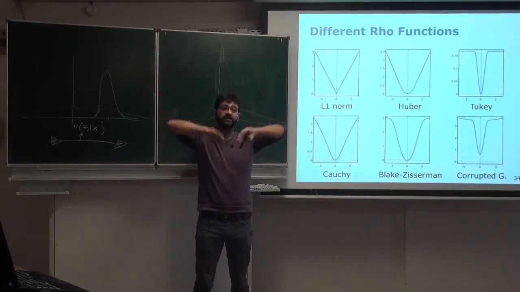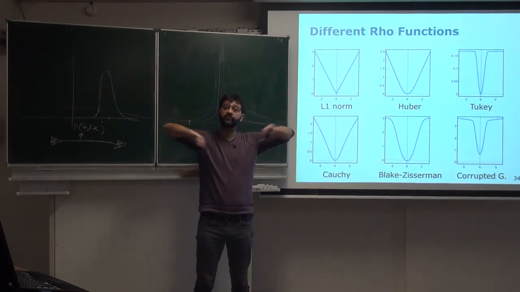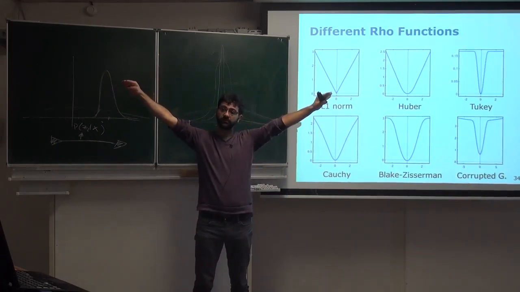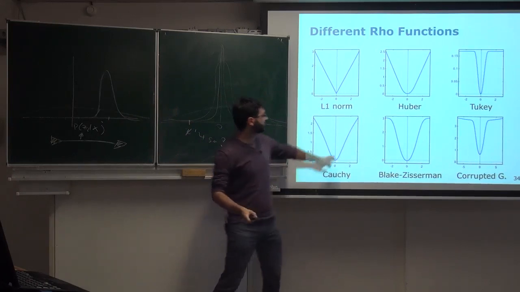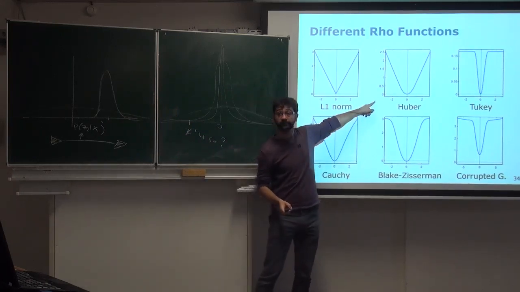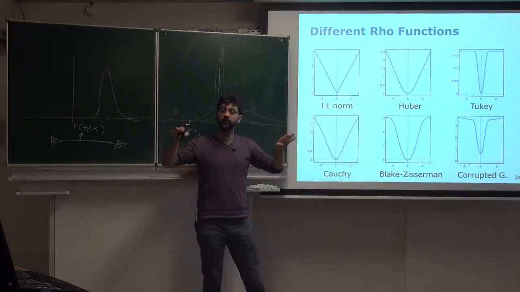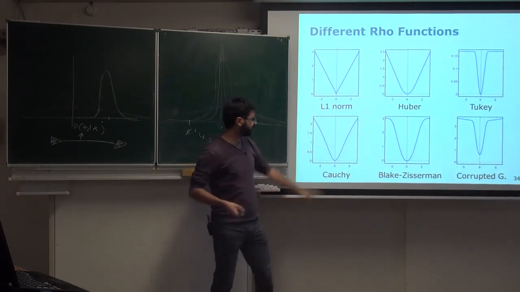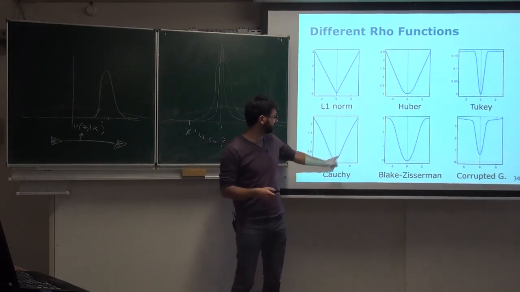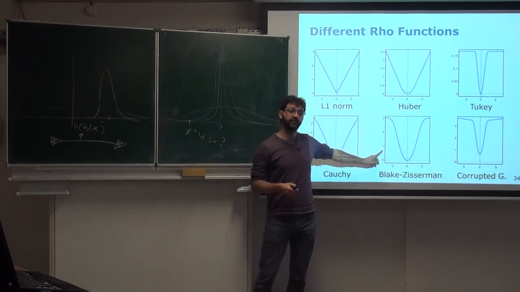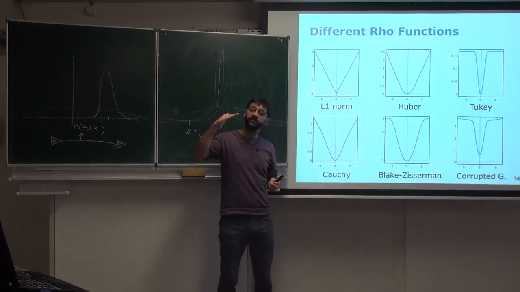Okay, so they basically do not go to infinity on the side, but they will go to one number. Okay, Cauchy is slightly different. Cauchy goes to infinity, but it goes to infinity very slowly. The effect of this is that the further away you go from the zero, the lower is the gradient.